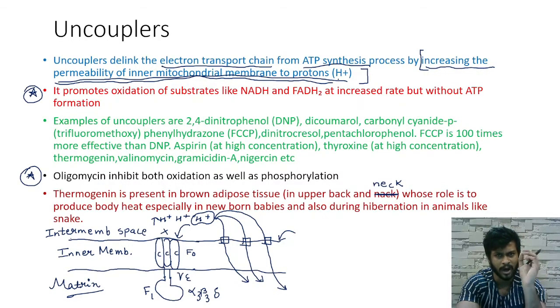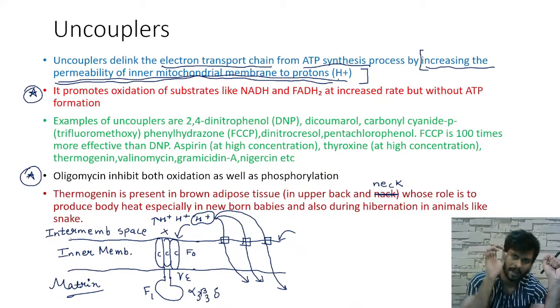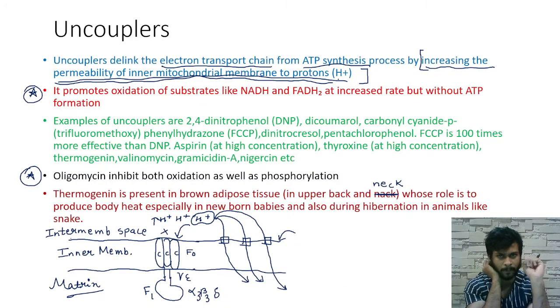This is how uncouplers separate the electron transport chain from ATP synthesis. So there is a de-link between the electron transport chain and the ATP synthesis process. This is the role of uncouplers. ATP synthesis will not occur, but oxidation will continue.